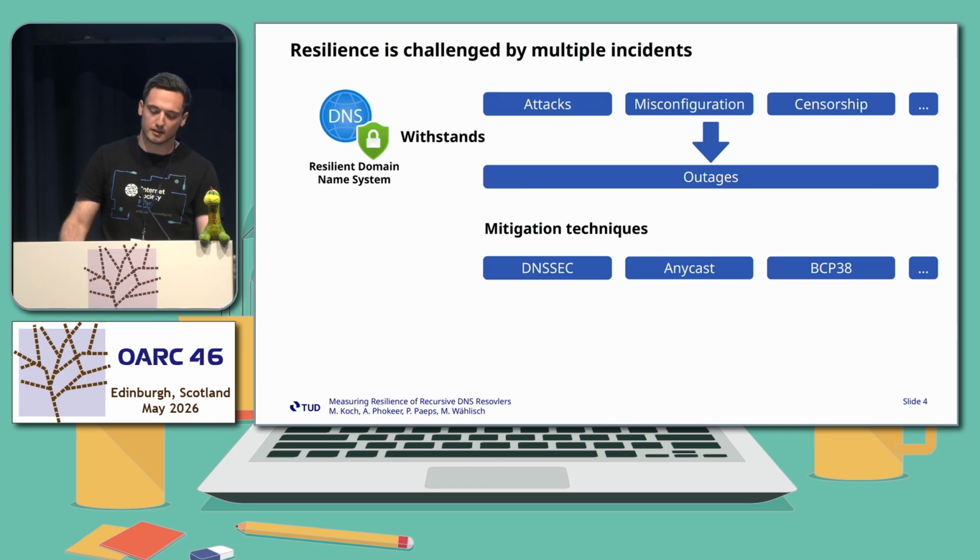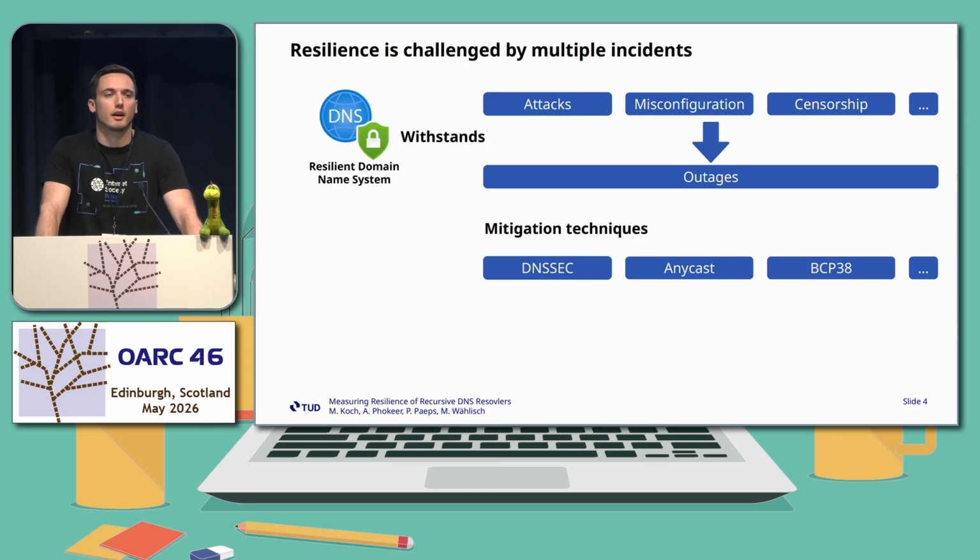So the Internet Standards Community, the IETF, has published several operational best practices to improve DNS resiliency. Still, operators must make their own decisions. They need to trade off security, cost, and also complexity.